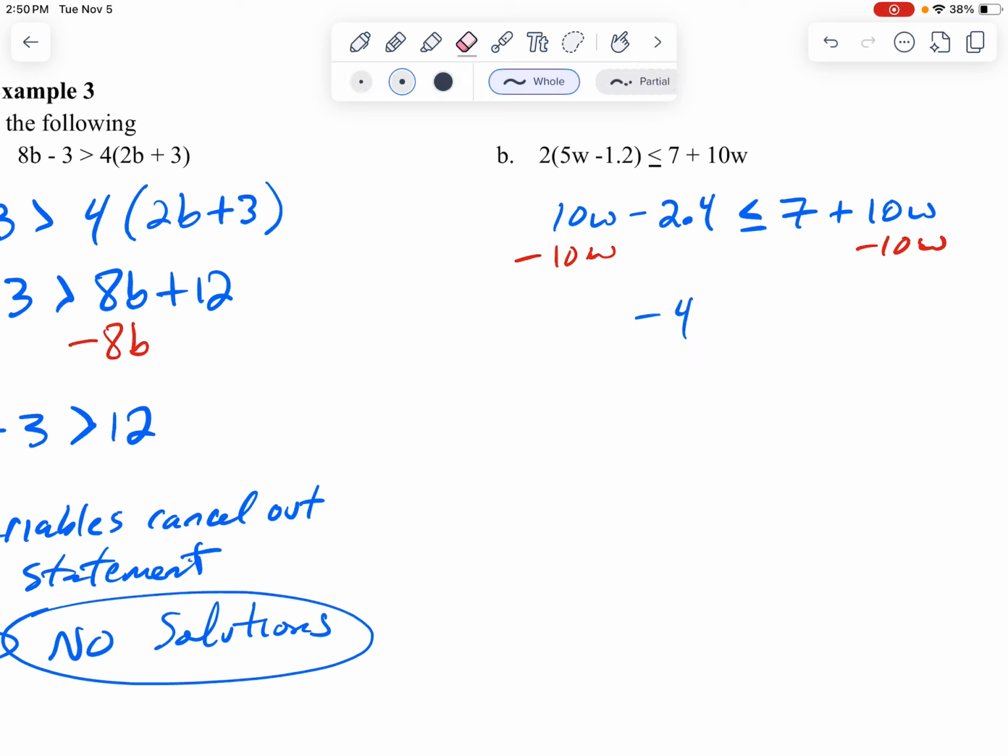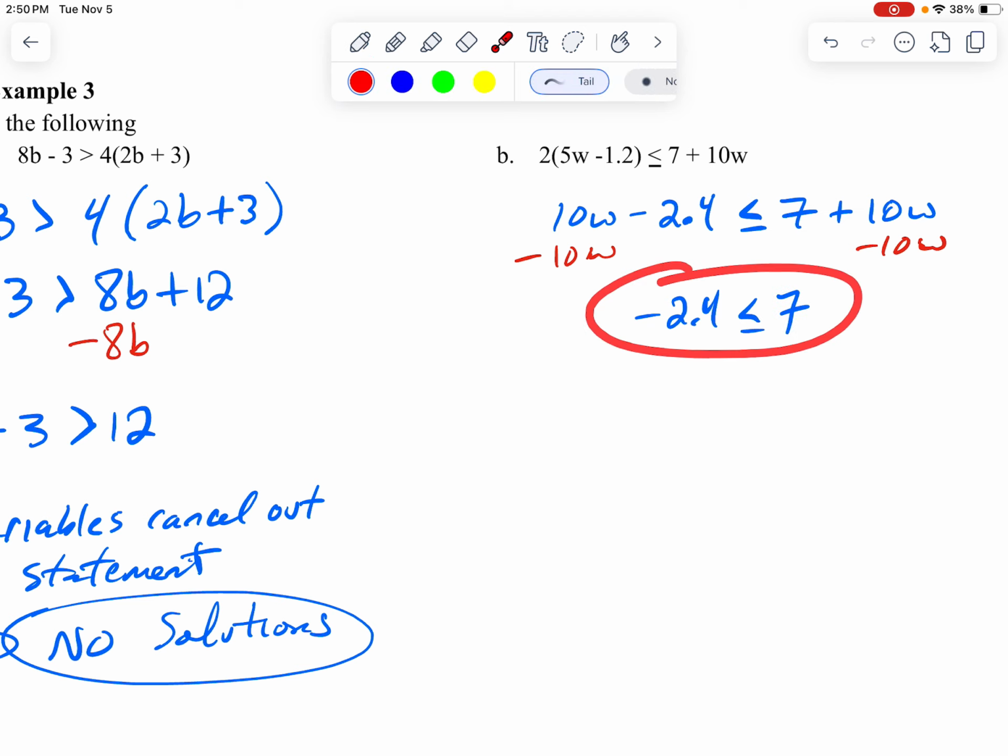The variables both go away. Negative 2.4 is less than or equal to 7. Now I've got a true statement. So again, just like when we had equations, if the variables all go away and I end up with a true statement, that means that I have infinitely many solutions.